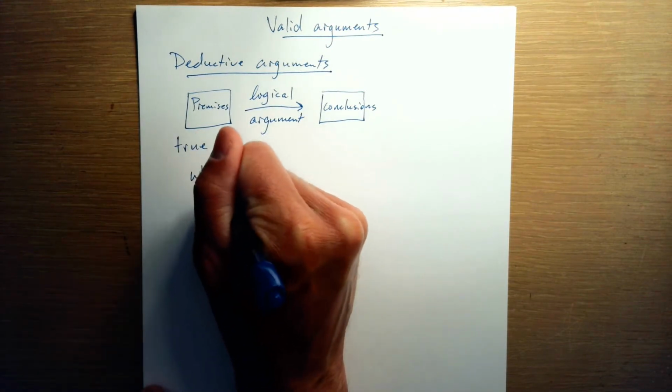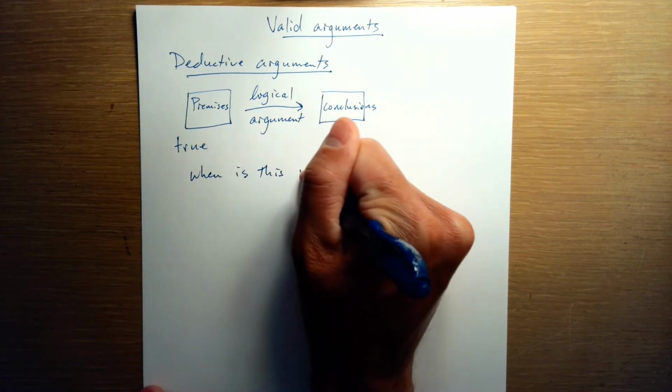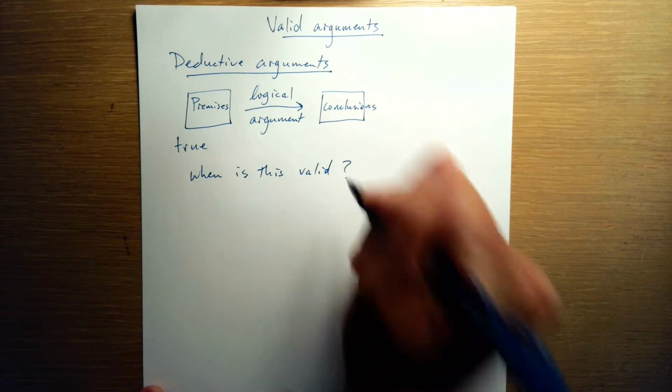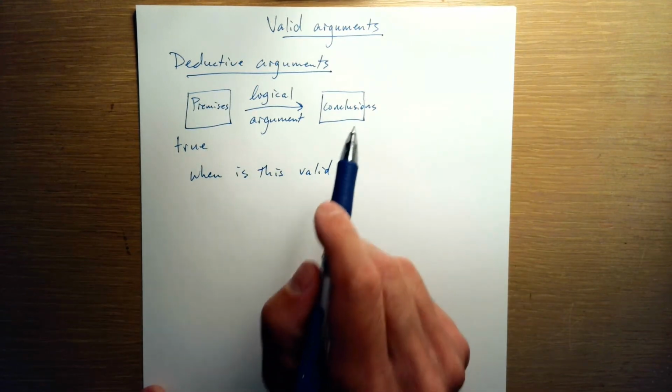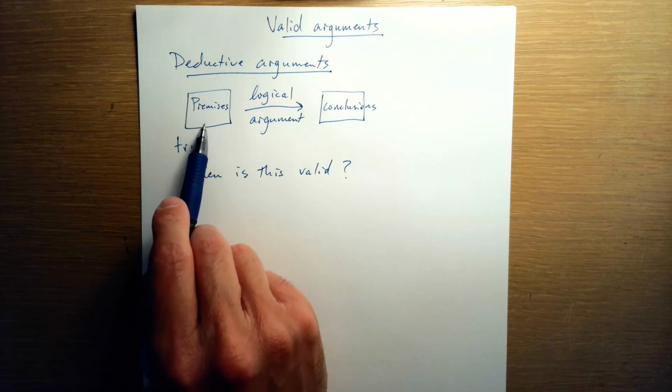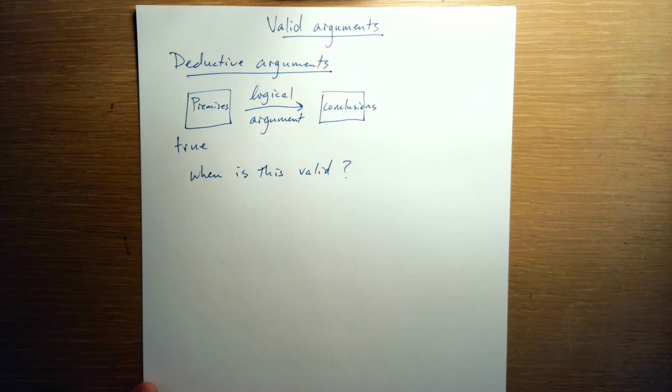So when is a deductive argument valid? We say that a deductive argument is valid when, assuming that the premises are true, and following through this logic, the conclusion must be true.